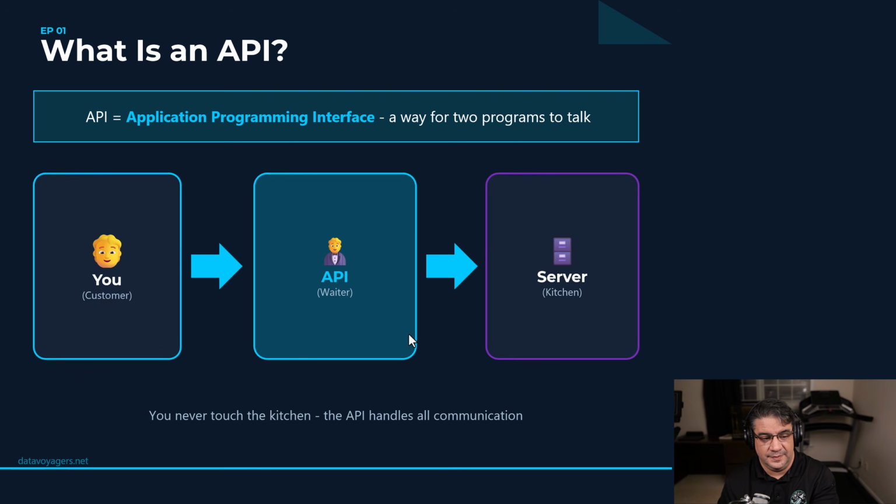Okay. So first, what is an API, right? Why does it exist? API is application program interface. It's a way for two programs to talk. When you have two systems, you can interact in different ways, especially for old developers.